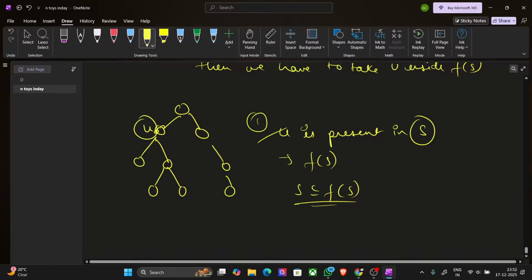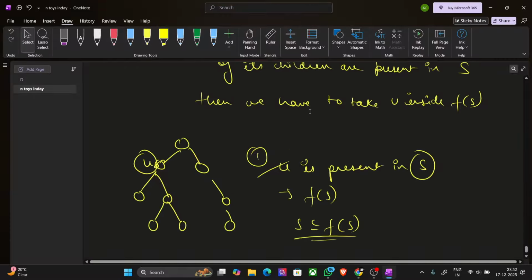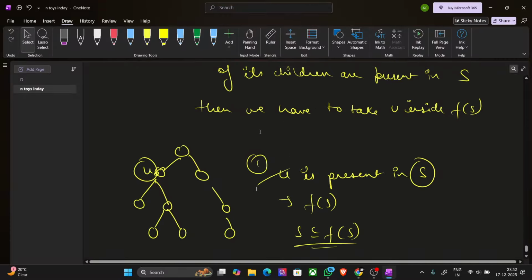So the first condition is true and logical.